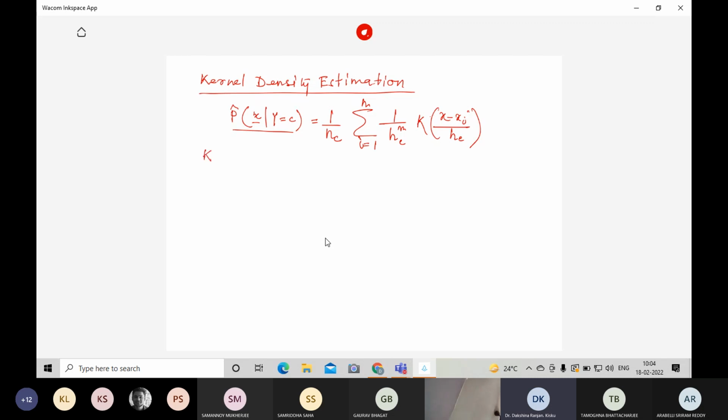Here capital K is defined on the sample space x in [0, infinity). When we write this representation, first we write the square bracket, then 0 comma infinity, and it is closed by the round bracket.